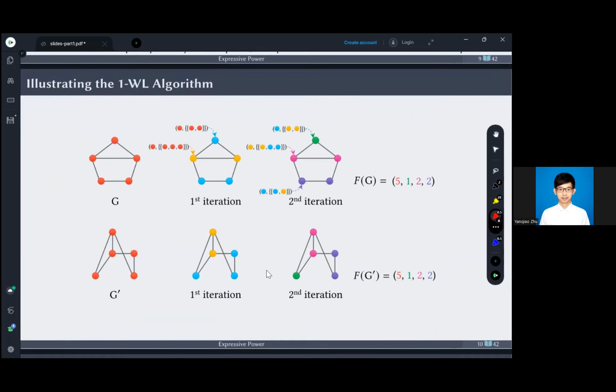If the input to our algorithm is G and G prime, it is very easy to find that G and G prime are actually the same graph, right? Except that the ordering is different. So can our GNN model recognize whether they are actually the same graph?